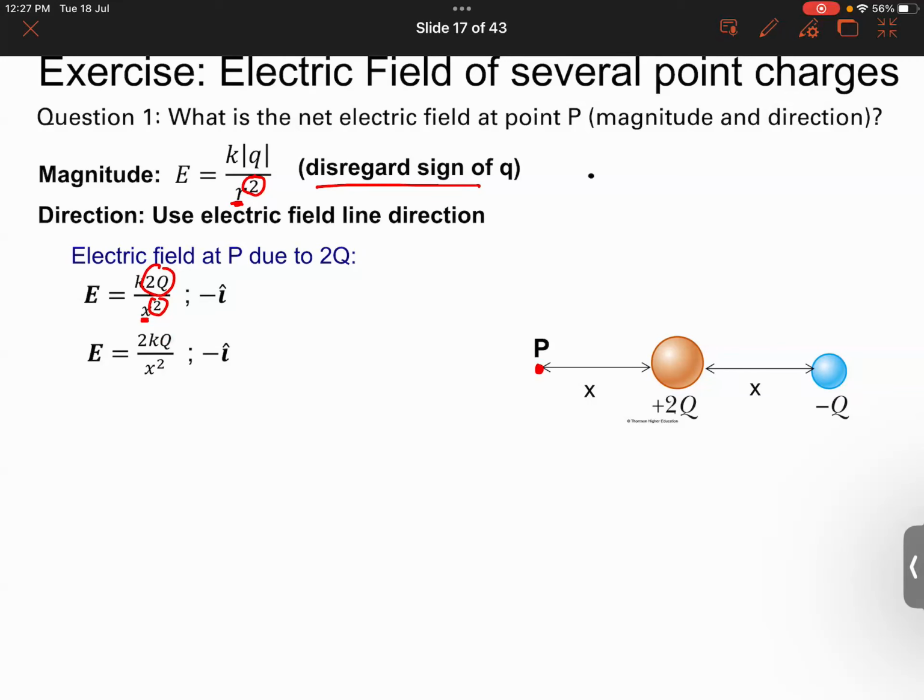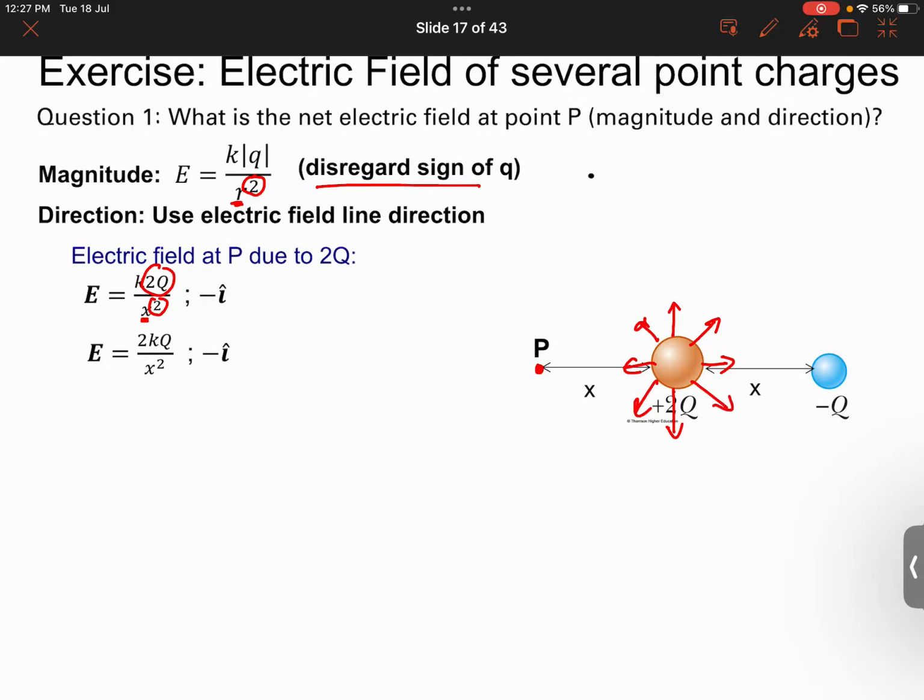For the direction, this is where you use electric field lines to find the direction. We know electric field lines originate from positive charges. So if you draw the electric field lines of this +2q charge, you have electric field lines coming out of it this way.